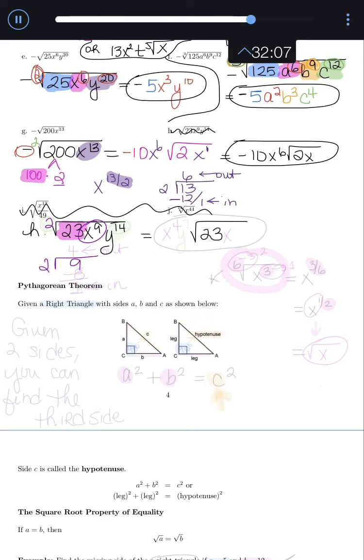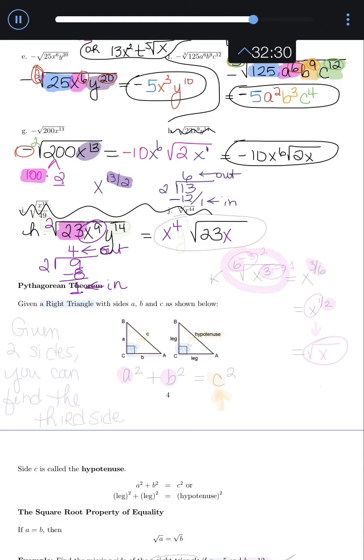There will be some on the inside, some on the outside, but it does divide. 2 goes into 9 4 times as 8 with a remainder of 1. That means 4 of those x's came out, but 1 was left over on the inside.